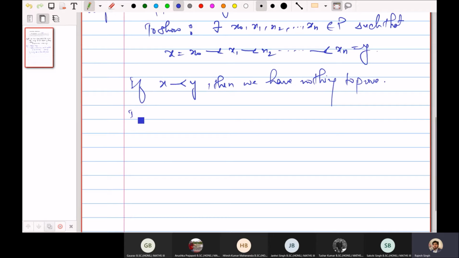Now if x is not covered by y, then there exists z belonging to P such that x is smaller than z and z is smaller than y, right? Is it right?